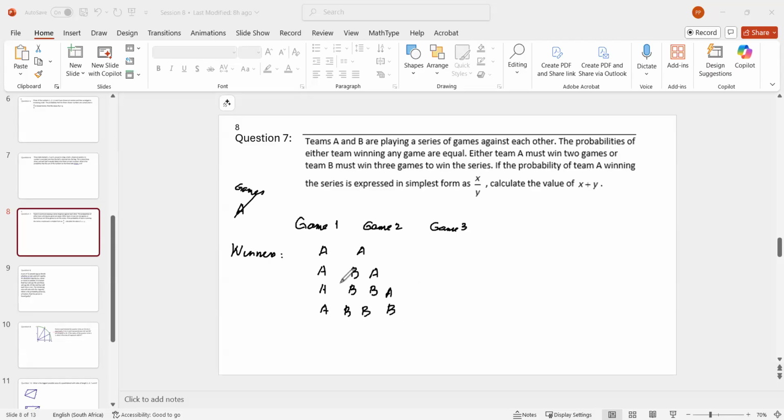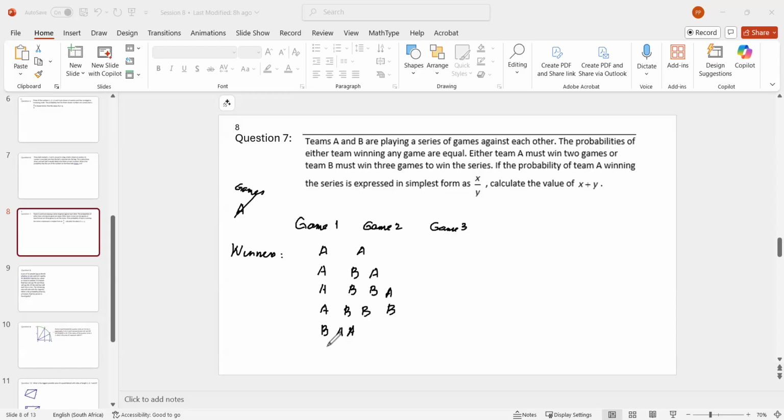So I could have had that when A wins the first game. If B wins the first game, then I will have B, A. That doesn't stop me from continuing. I could have had B, A, A.